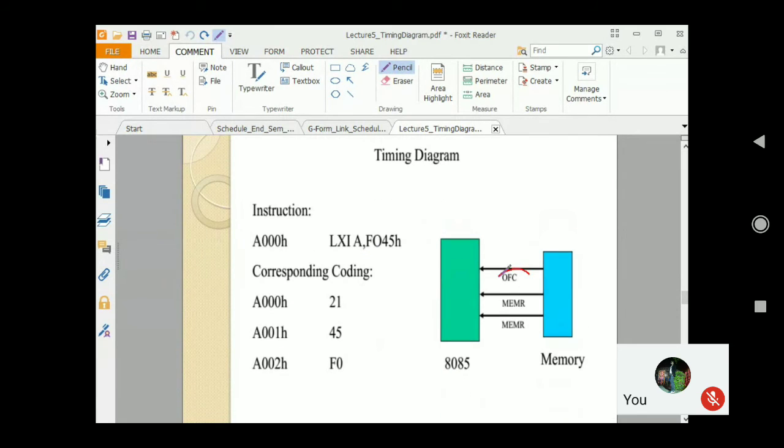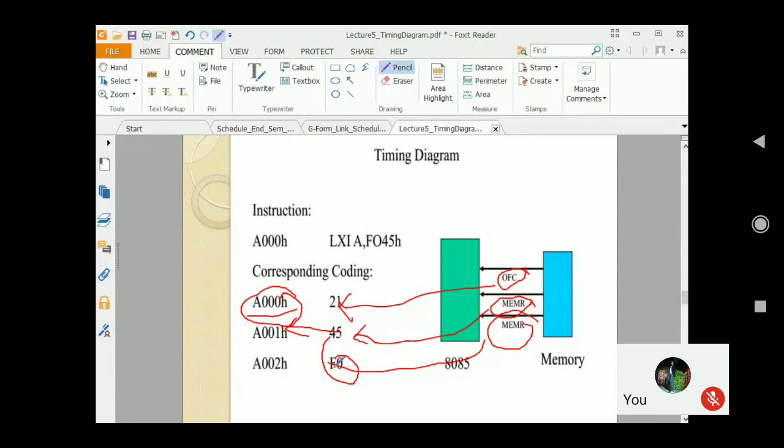First, there will be the opcode fetch cycle for loading this 21 from this particular memory address, then a memory read for reading the lower order value, and again a memory read for reading the higher order value. So we have one opcode fetch cycle and two memory read cycles, three in total.